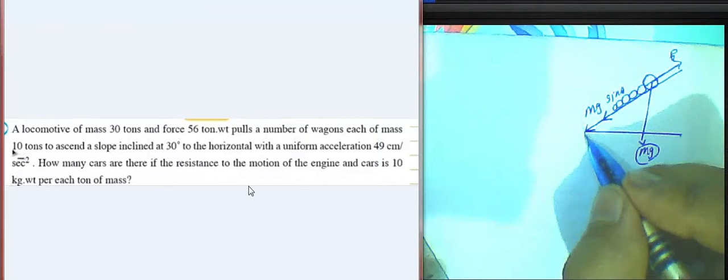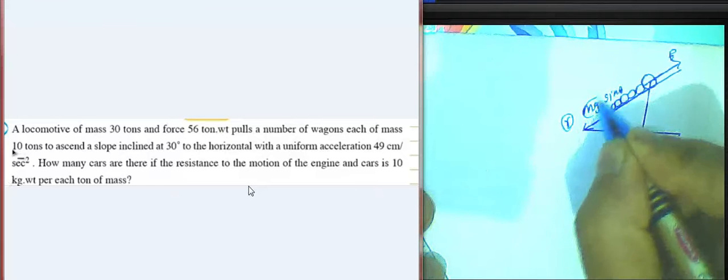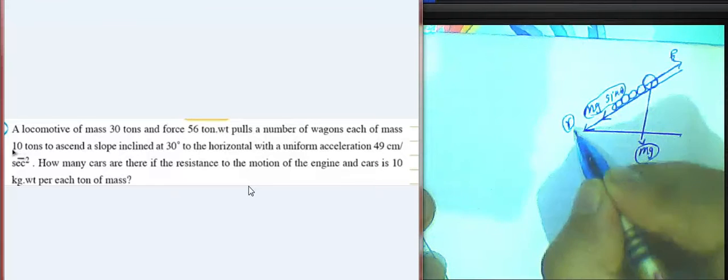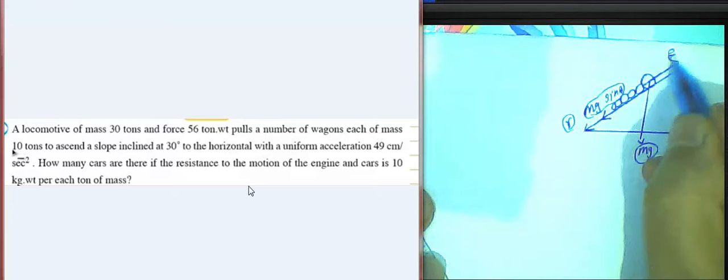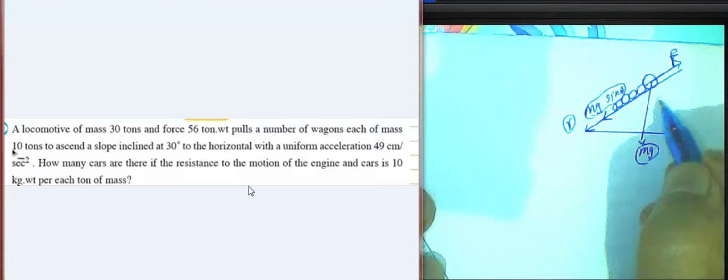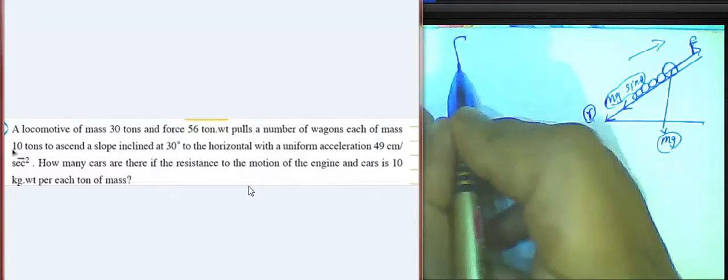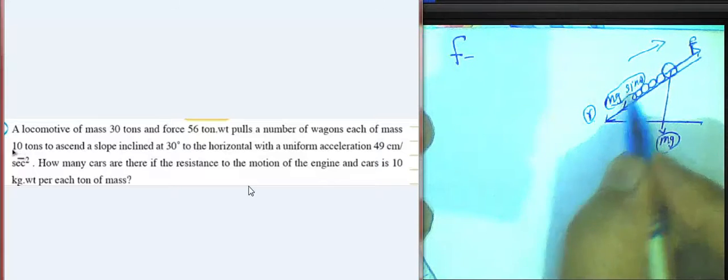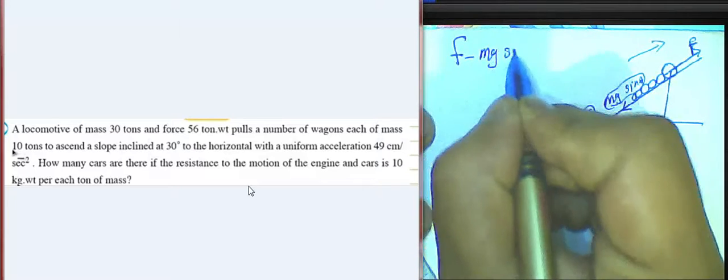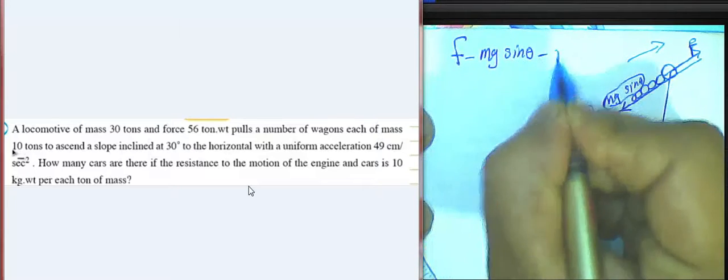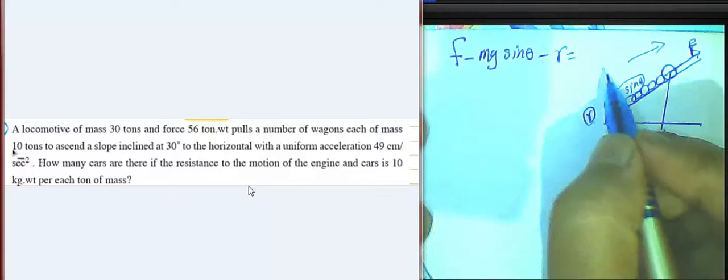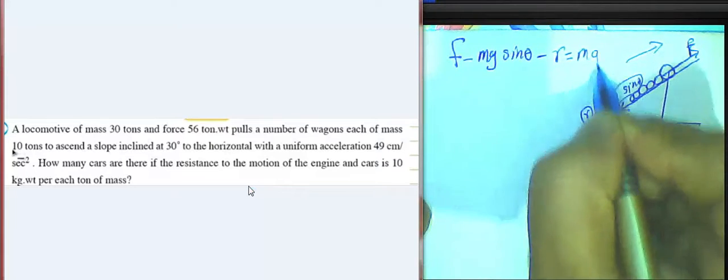We have two forces, mg sine theta from the weight and R, and we have the force F here. We can write the equation: because it's moving up, F first, subtract mg sine theta, subtract R, equals ma from Newton's rule.